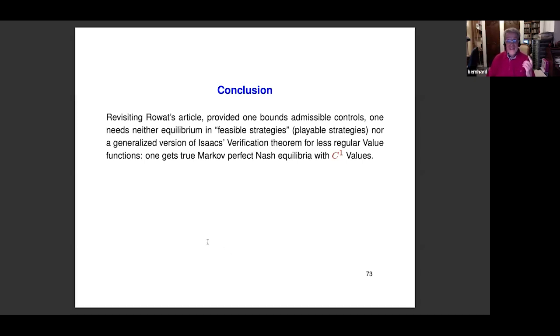One needs neither the equilibrium in feasible strategies, because I have shown that everything works well. He needed the feasible strategies to eliminate those that would cause the value function to diverge to plus infinity. But once you have bounded the admissible controls, it cannot diverge to infinity, so you don't need that.